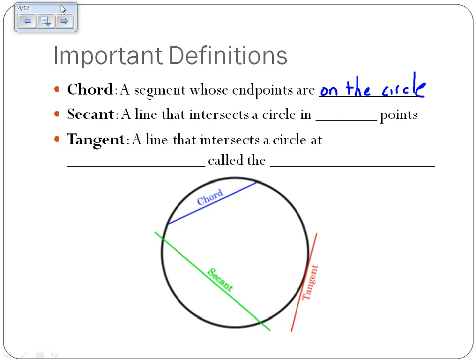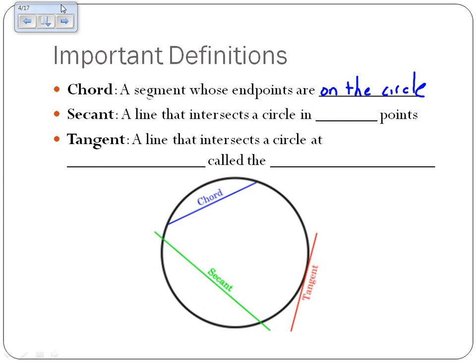The next one we're going to go ahead and say is pronounced secant. It's not second. Secant. This is a word that will come up in pre-calculus and calculus when you get there. The reason it's called that comes from the circle definition, but we're not going to get into any of that. All you need to know is that the secant is a line that intersects a circle, how many places?